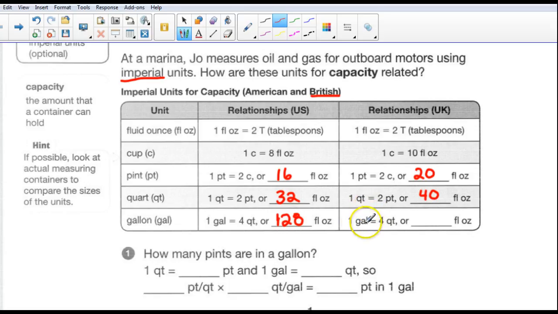In the British system, 1 gallon is 4 quarts. We know 1 quart is 2 pints, or 40 fluid ounces, so 4 times 40 is 160 fluid ounces. So you can see that there's a little bit of a difference between the British or UK Imperial and the American Imperial. Okay?